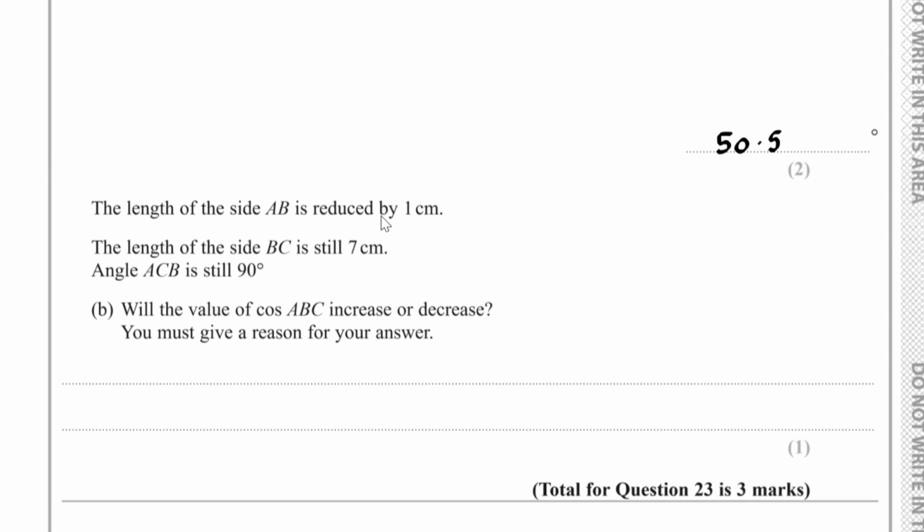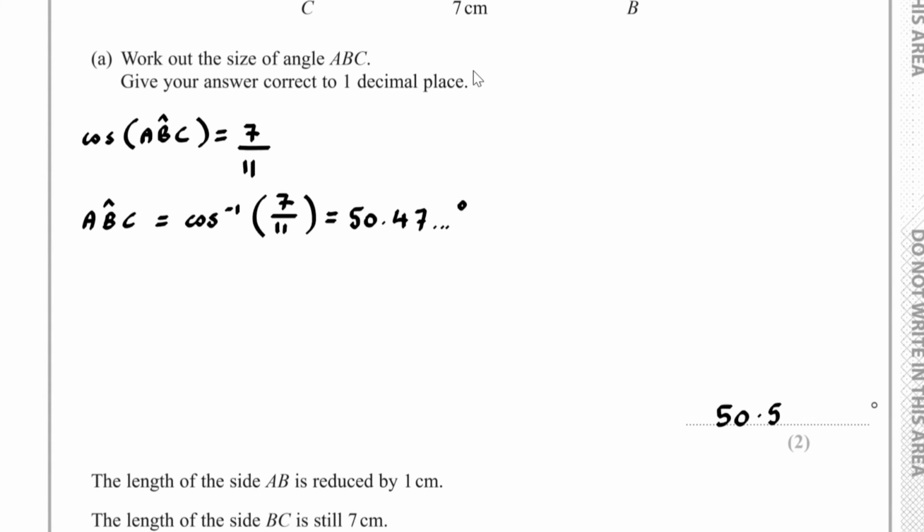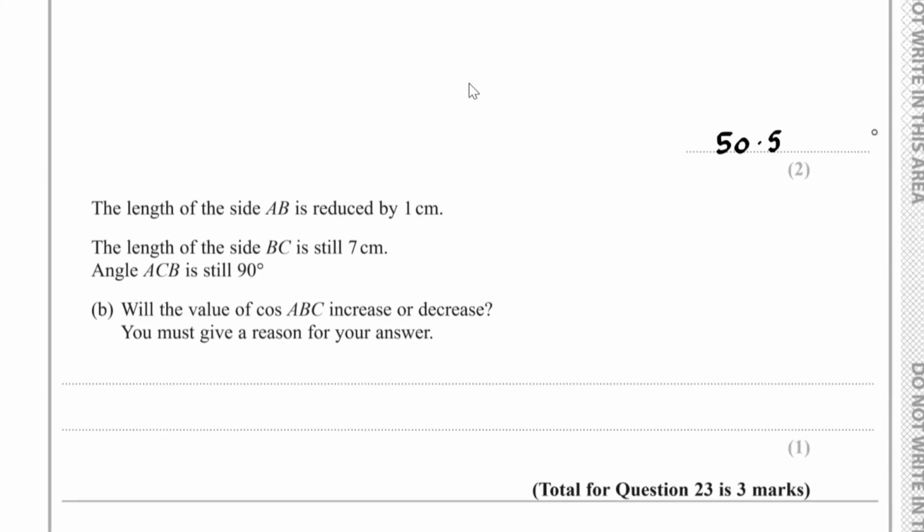Well, if we reduce this by 1 centimetre, AB is now 10 centimetres. And so if we were to work out the cosine of ABC, we would have this time 7 over 10.